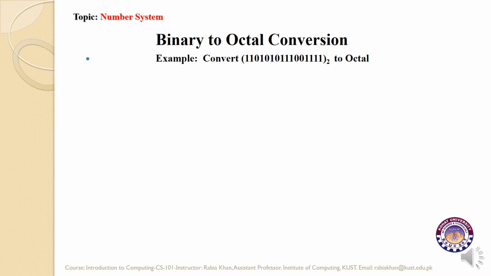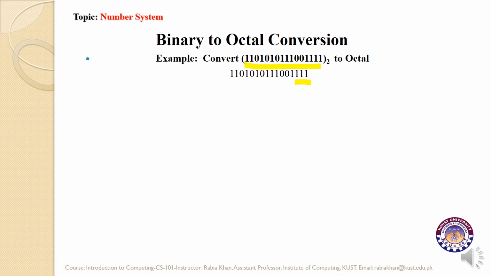Here we are given a binary number, and we have to convert this number into the octal number system. As per the method, we are going to divide this number into groups of 3, and the grouping will start from right to left. So here's the number. How can we group this?